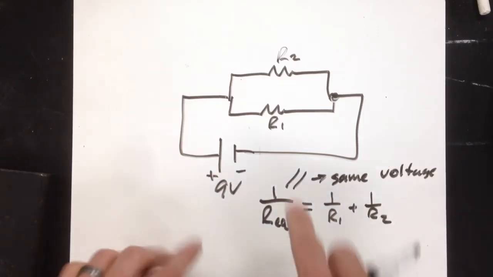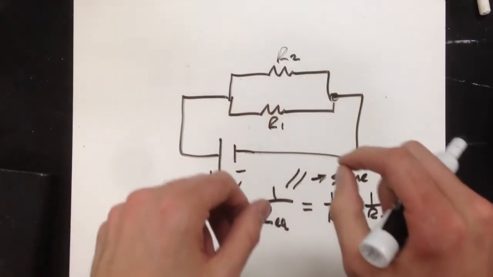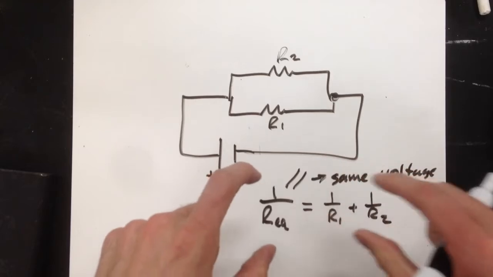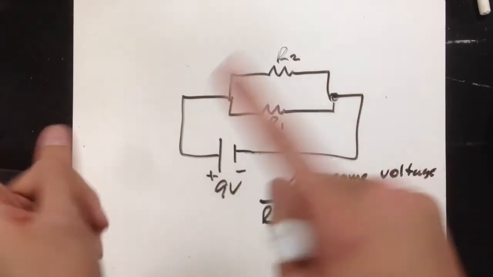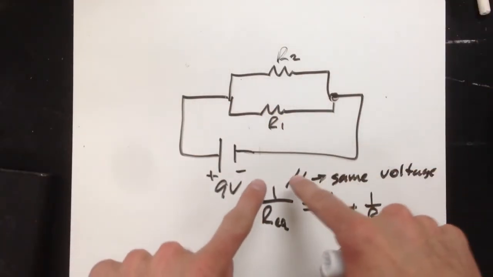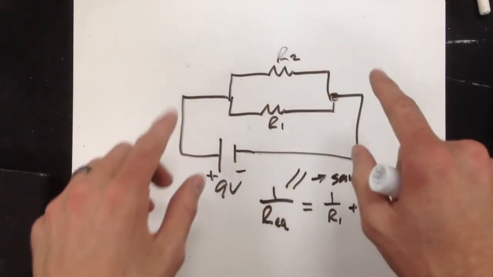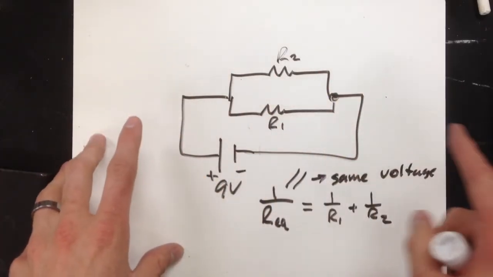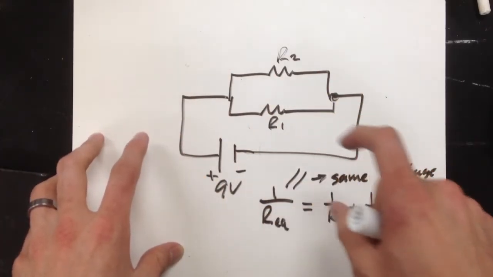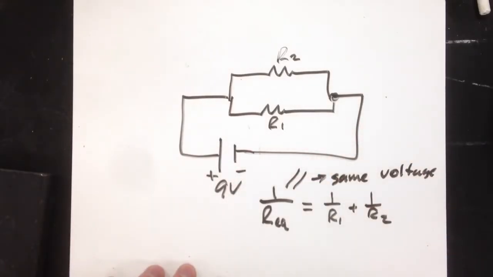So for resistors, series is just sum, R1 plus R2. Parallel, it's the reciprocal sum. Capacitors, it's the exact opposite of resistors. So parallel capacitors, it was just the sum, C1 plus C2. Series capacitors was the reciprocal.